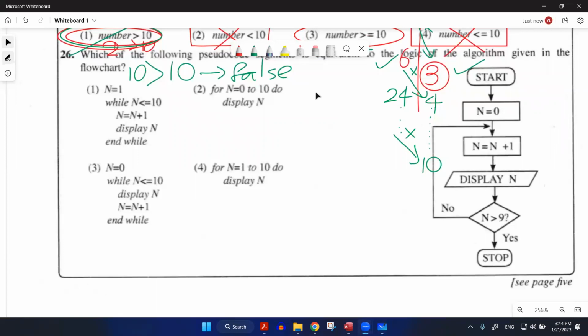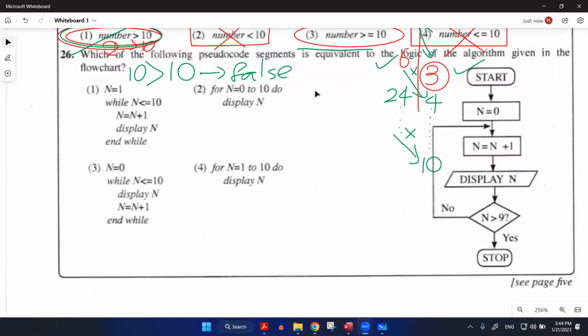Okay, right, moving to the 26th. Question number 26 says, which of the following pseudocode segments is equivalent to the logic of the algorithm given in the flow chart? Okay, now in the flow chart, what they are trying to do is they set n equals 0, then n equals n plus 1, display n, and check whether n is larger than 9.